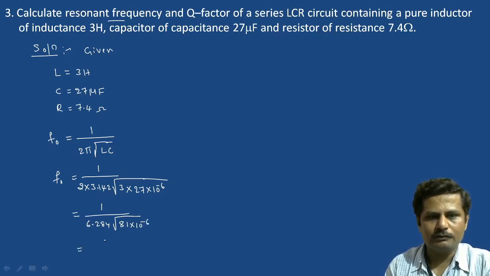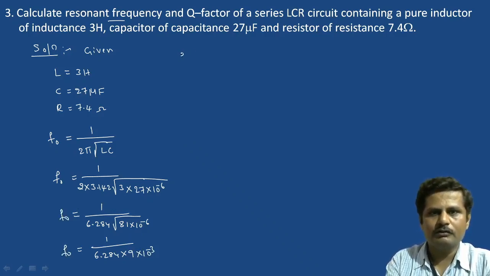Now this is equal to 1 divided by 6.284 into root 81, which is 9, and root of 10 to the power of minus 6 is 10 to the power of minus 3. And when 10 to the power of minus 3 comes to the numerator, it will become plus 3. So F naught, that is the resonant frequency, is equal to 1000 divided by 6.284 times 9.